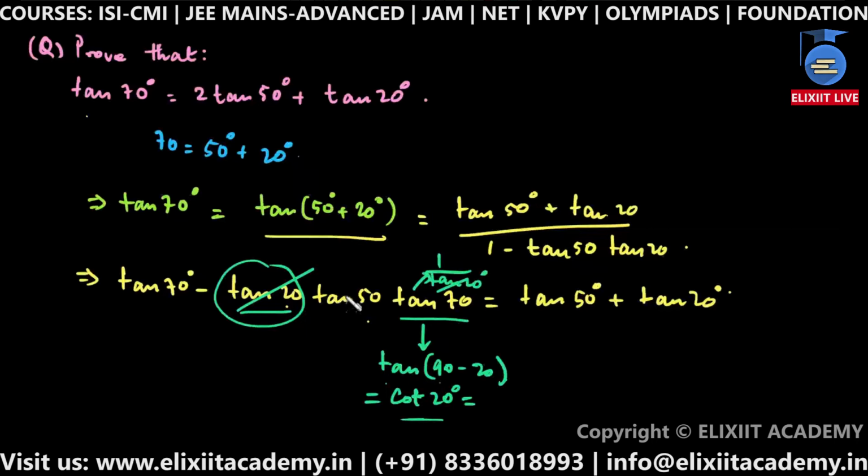Right? So I'll do it over here itself. On the left hand side we have tan 70, and tan 20 times tan 20 has been cancelled. Now you're left with tan 50. And on the right hand side we have tan 50 plus tan 20.